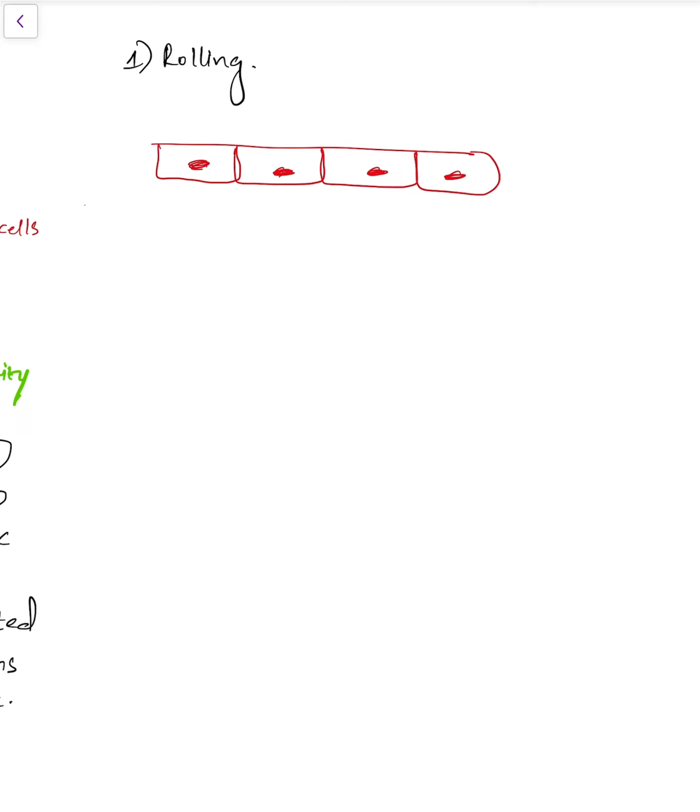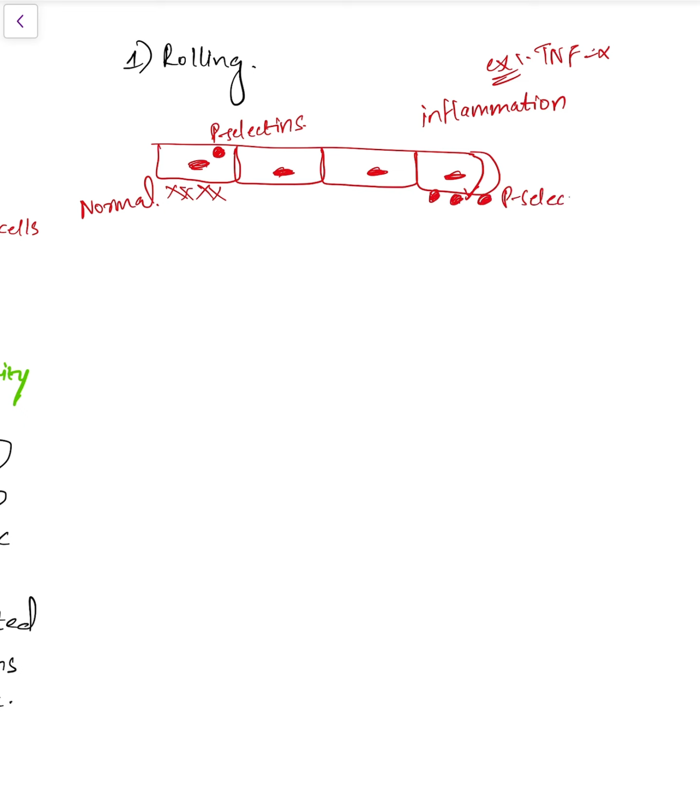Now, under normal conditions, there are molecules called P selectins, and these are absent on the cell surface, but under conditions of inflammation, when molecules like TNF alpha are released, these P selectins move to the surface of the endothelial cell.